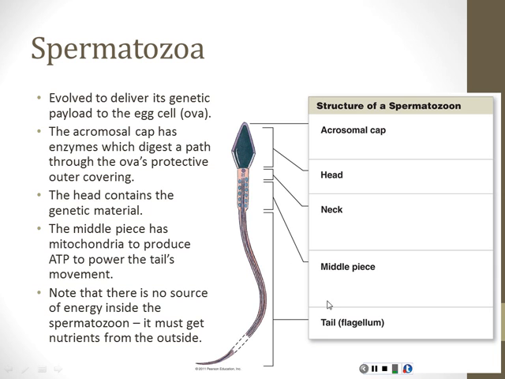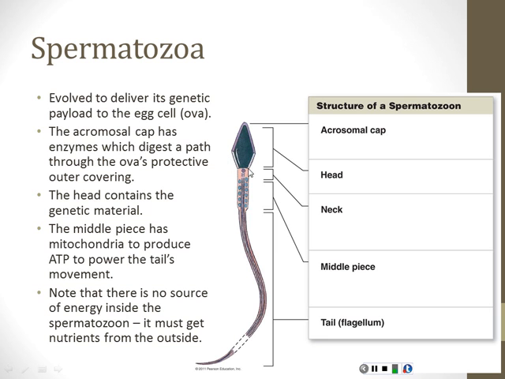And then we have the tail or flagellum, which flaps just like you think it would. Of importance, note that there's no energy source here. There's mitochondria. Mitochondria can create ATP if there's oxygen around, but only from something else. There's nothing to burn. So there's an engine, but no gas tank, so to speak.